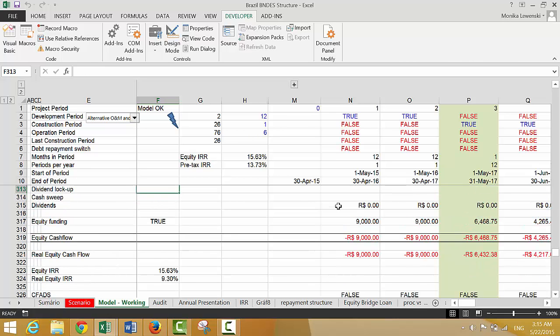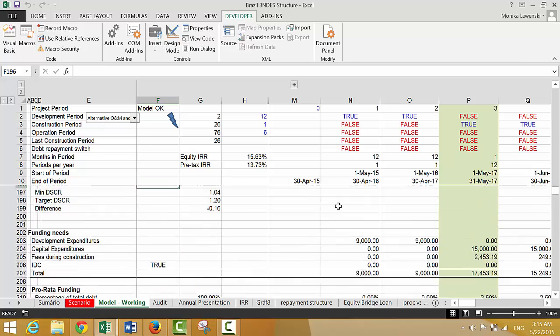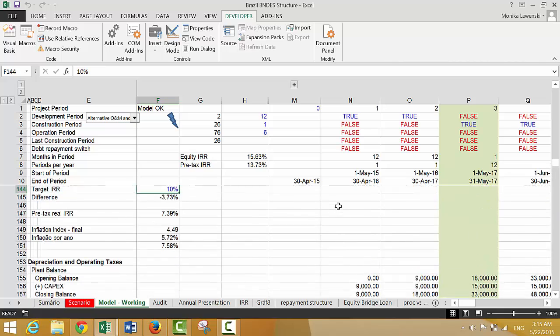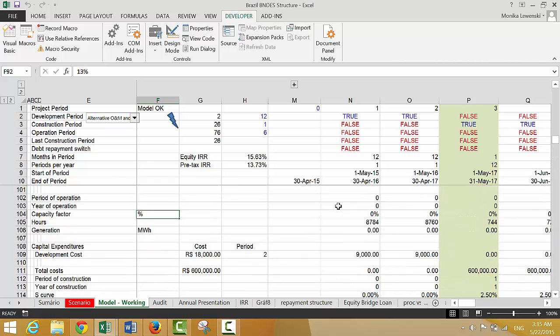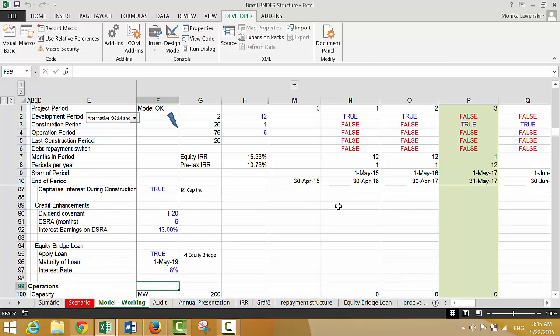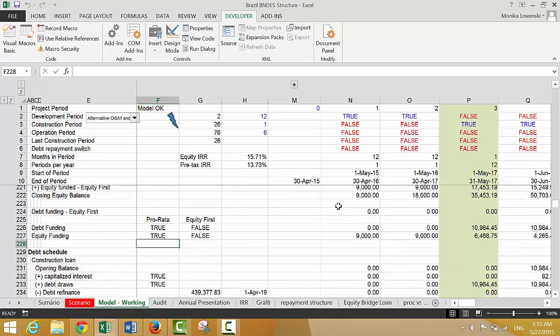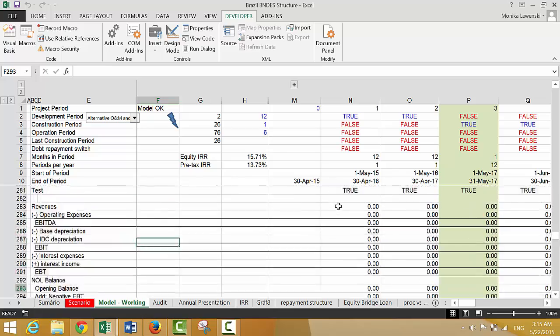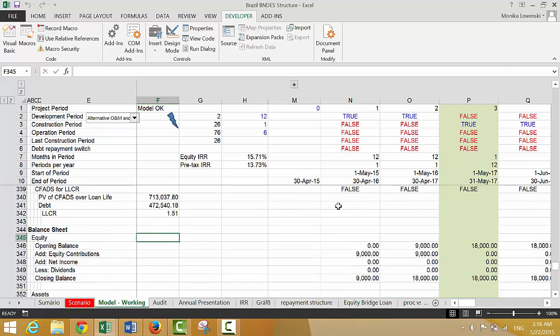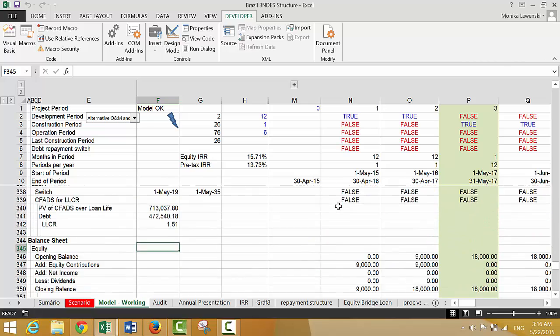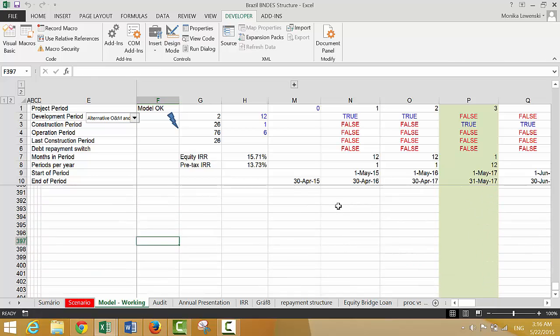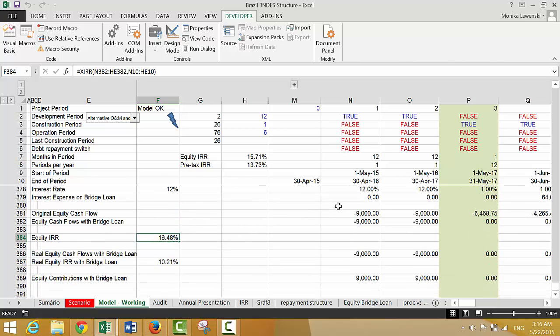Okay, a little bit. Of course, let's change the interest rate to a more... 15.71, 16.48. So it did help.